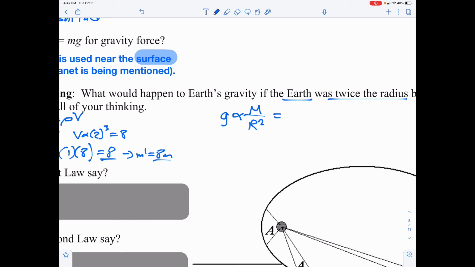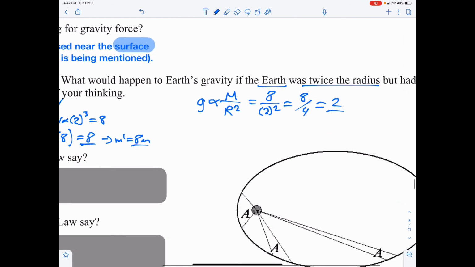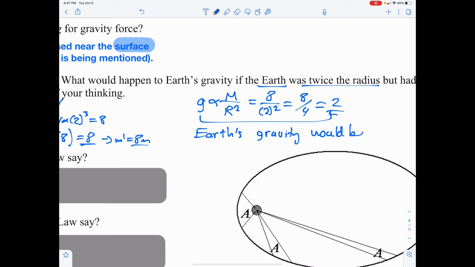The mass is 8 times bigger, and the radius is double. It should be 2 squared. So 8 over 2 squared would be 8 over 4, or 2. What does this mean? Earth's gravity would be double.